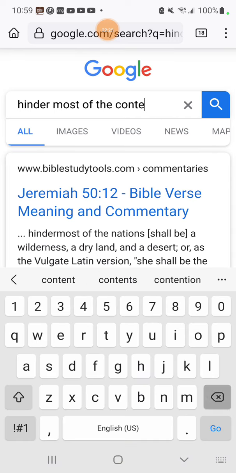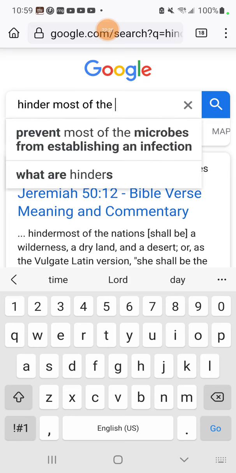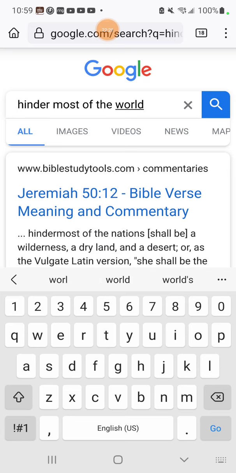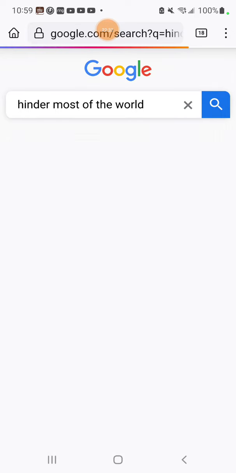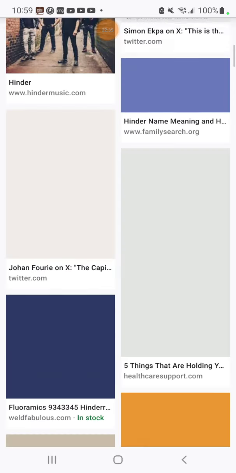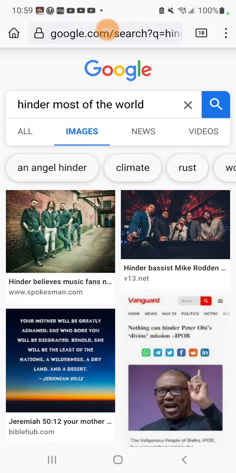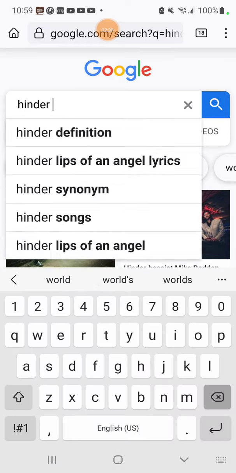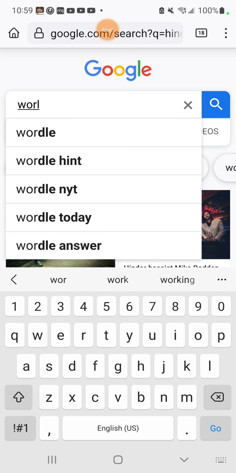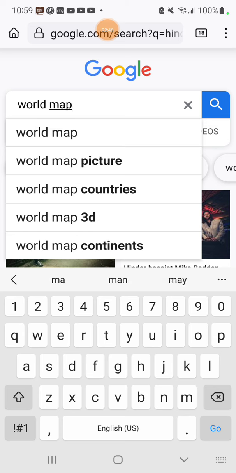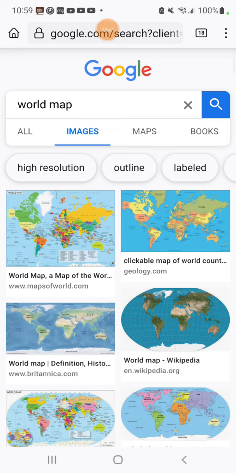Let's see. Put it this way here. Do it that way. Yeah, I guess I ain't writing that in right. How should I put that in? I'll just do it this way. World map. Get the map. There we go. Alright, that's better.